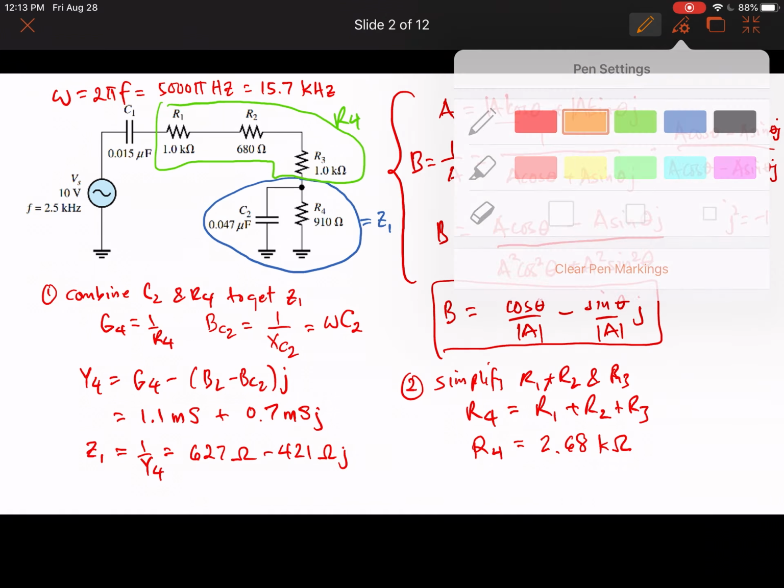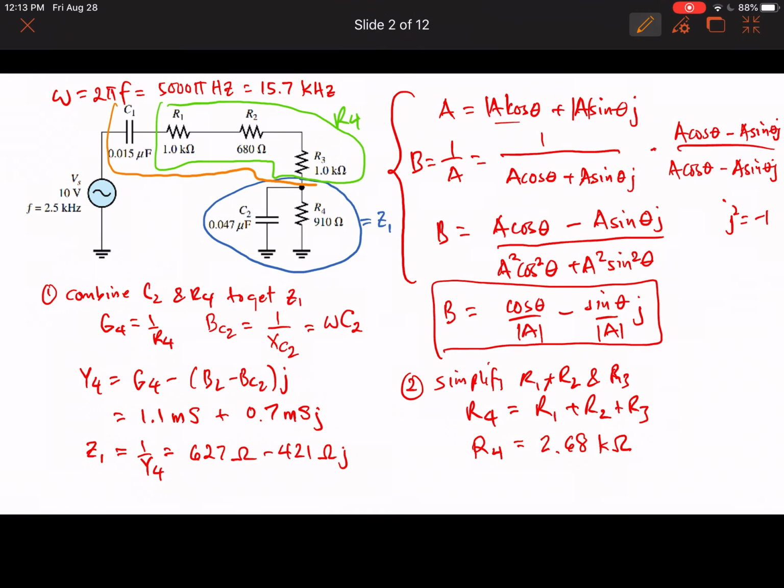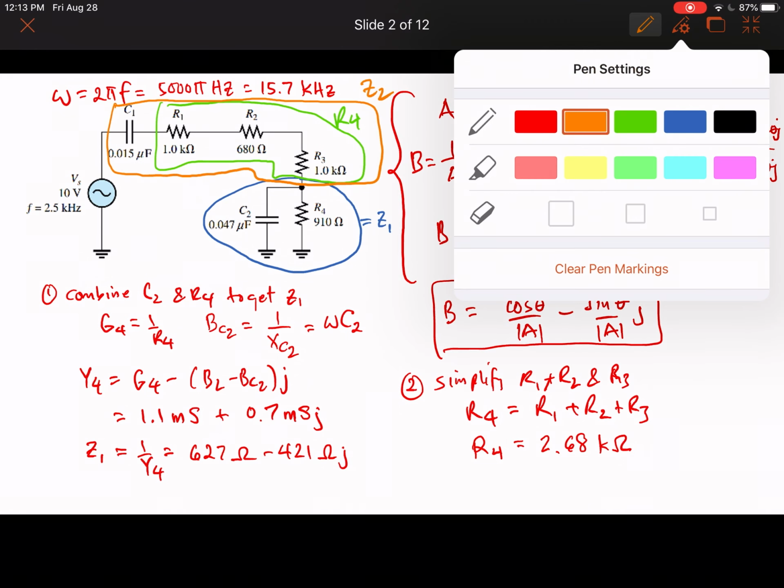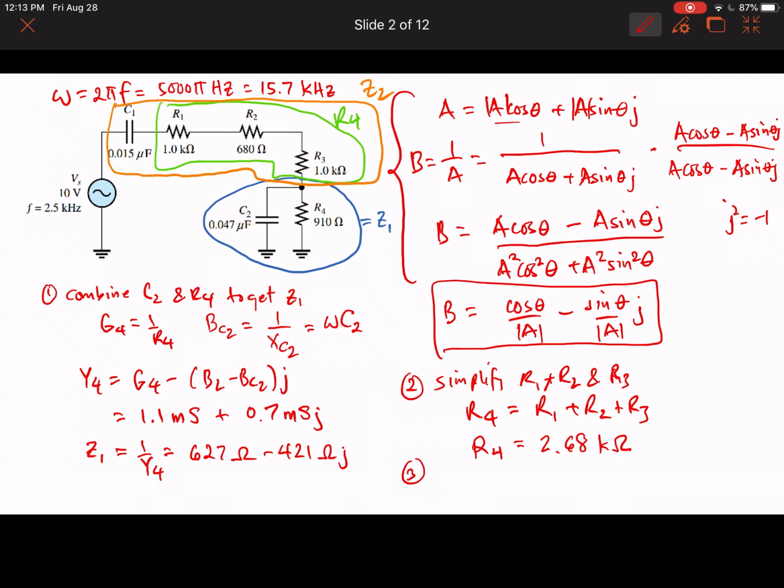Next we combine C1 and R4 to get the impedance Z2, and that's easily done. What we do is simply write Z2 equal to 2.68 kilo ohms plus XC, which is 1 over omega C, so 1 over omega C j.